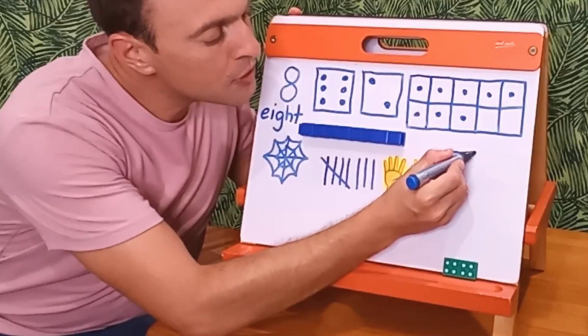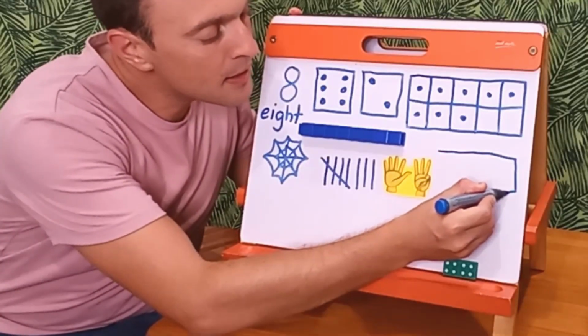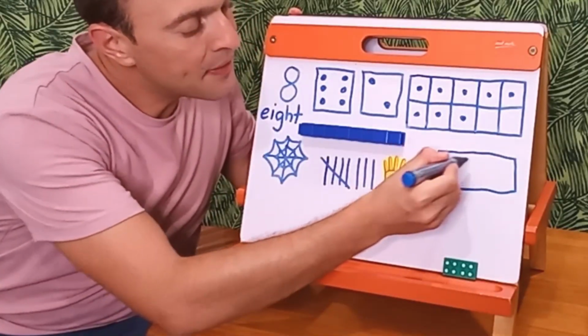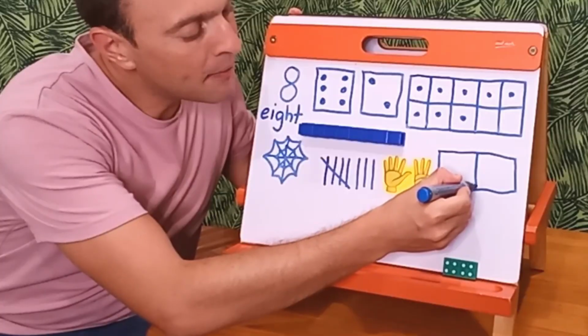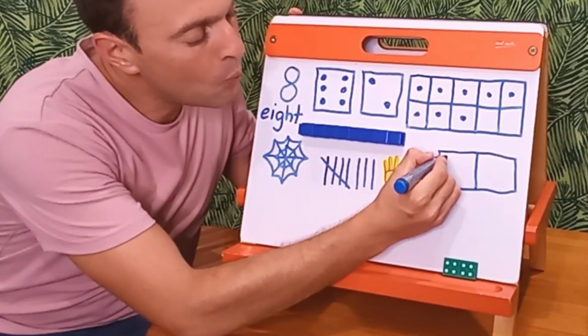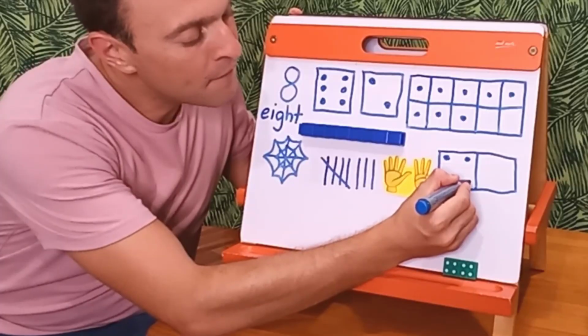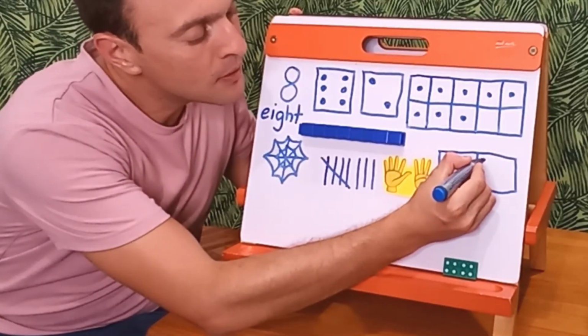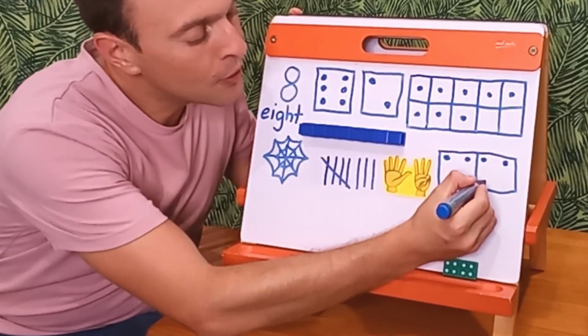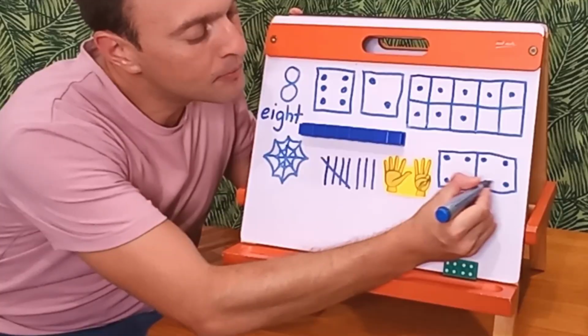So I'll draw the domino first, like this, nice big rectangle, and then a line in the middle. And now I need to draw 4 dots on this side, 1 in each corner. 1, 2, 3, 4, and 4 more. 1, 2, 3, 4.